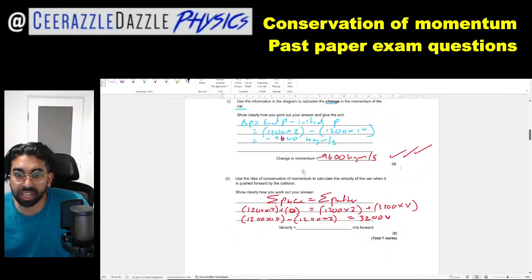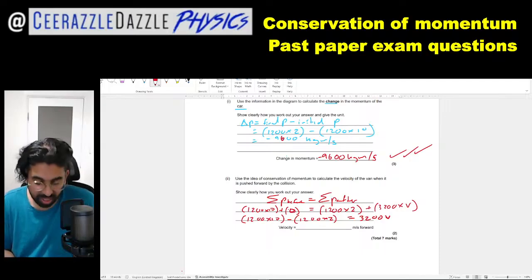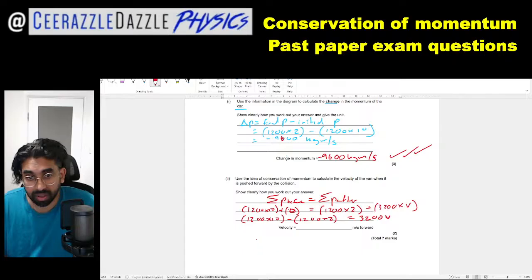And then scrolling down, finally, on the left hand side it becomes 1200 times 10, which is 12000, minus 1200 times 2, which is 2400, divided by 3200.